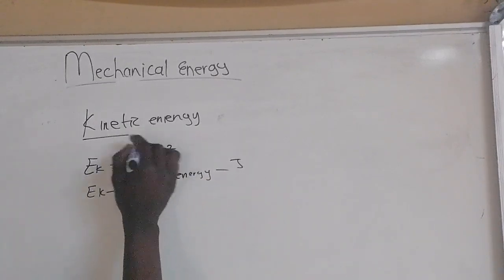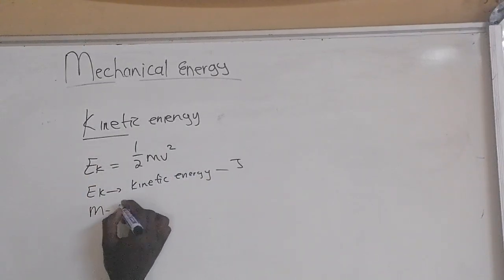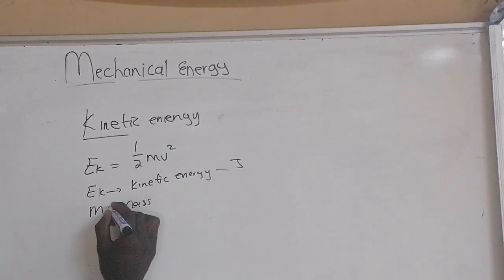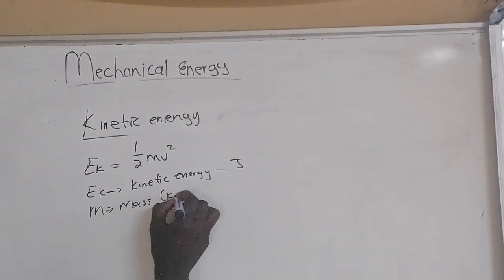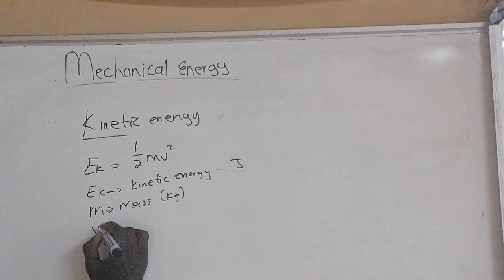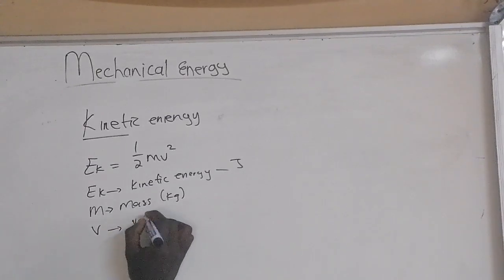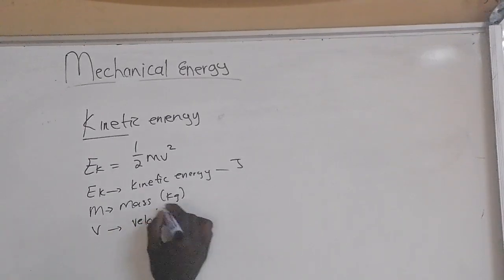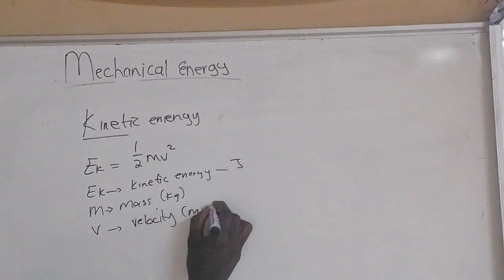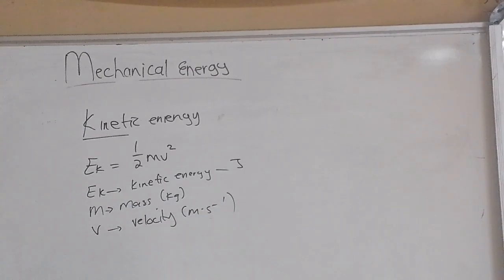Then half is half. M is the mass, measured in kg. V is the velocity, not volume, measured in meters per second. So it is very important for you to know these SI units of this formula.